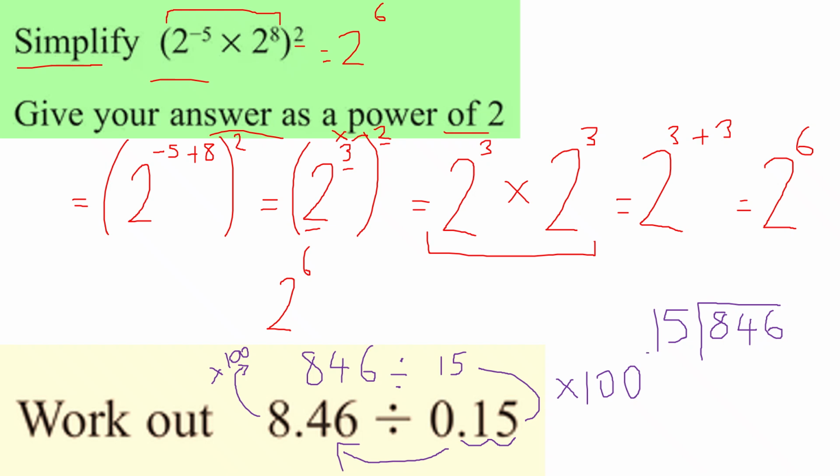So we say 15's into 8 goes 0 times. Cross over 8, carry it forward. 15's into 84: we've got 15, 30, 45, 60, 75, 90, 105, and then 120.